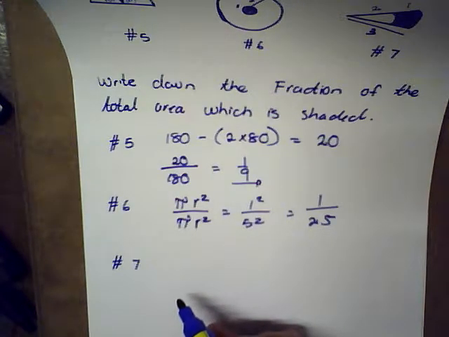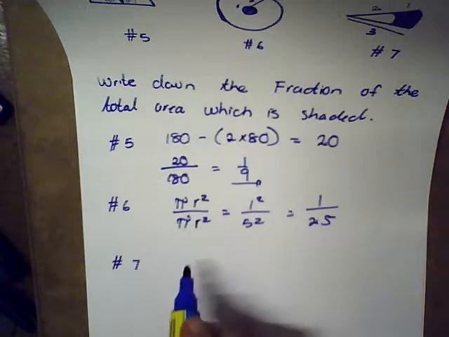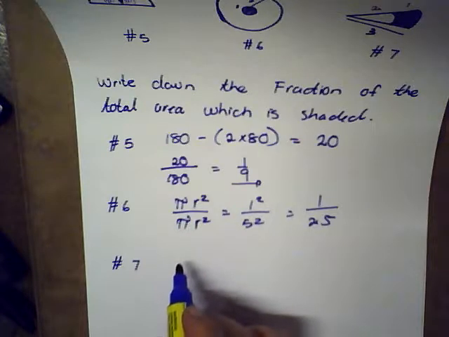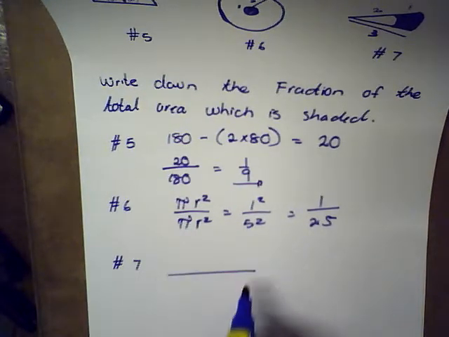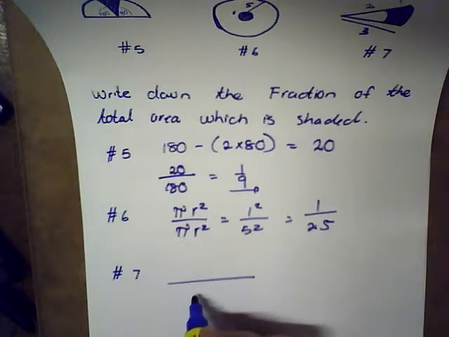For diagram 7, we also need to find the ratio of the shaded area. Now here we have to think a little bit. It's in terms of radius, so it's radius squared.